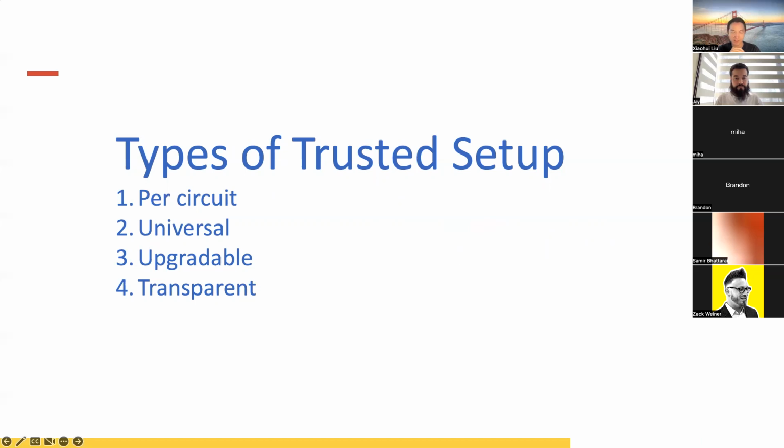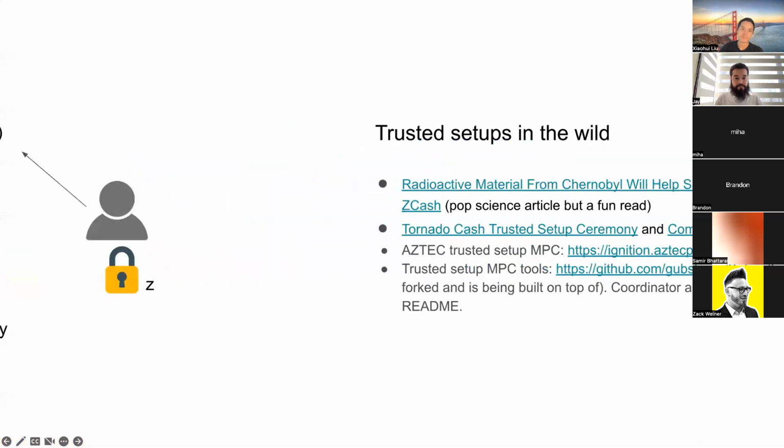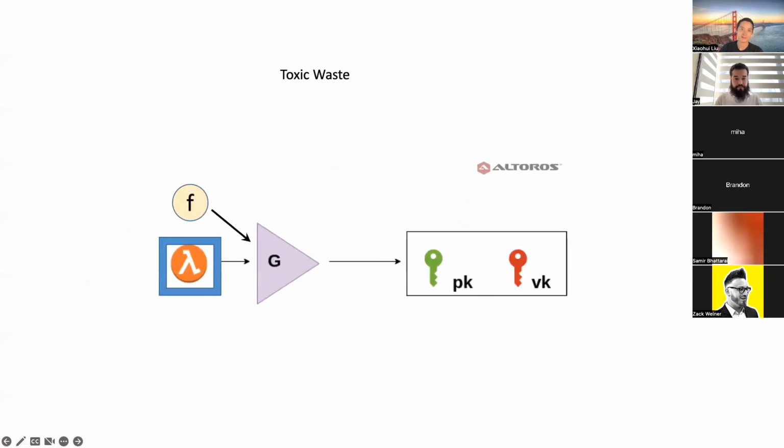If we go back to this slide, this is the output you want to have, the pair of keys, and it actually has two variables here, right? One is lambda, which is randomness. The other is the function you want to prove, which in ZK terminology is often called a circuit, because usually you represent the function you want to compute as an arithmetic circuit or Boolean circuit.